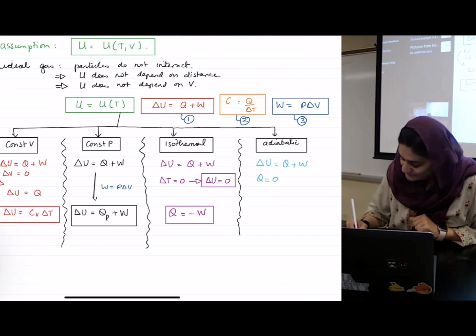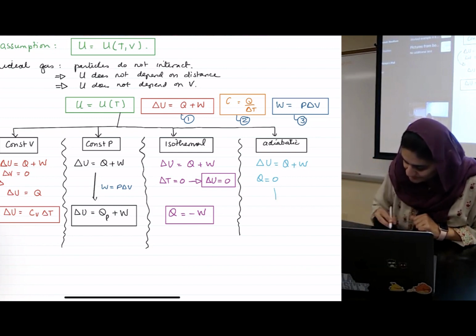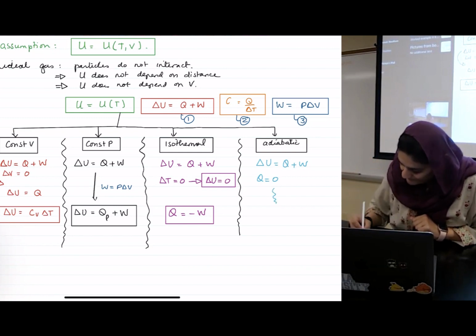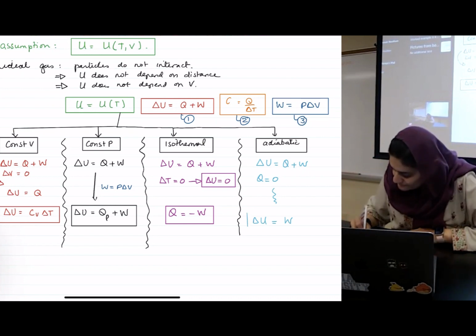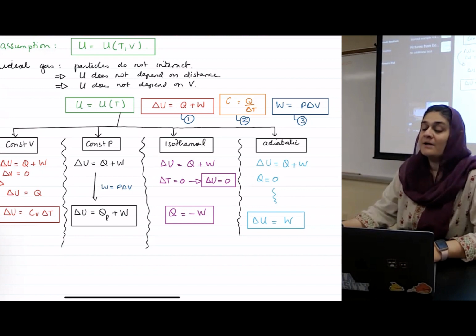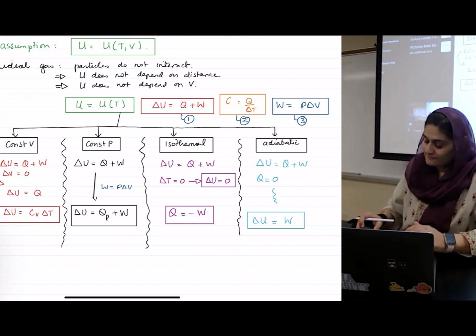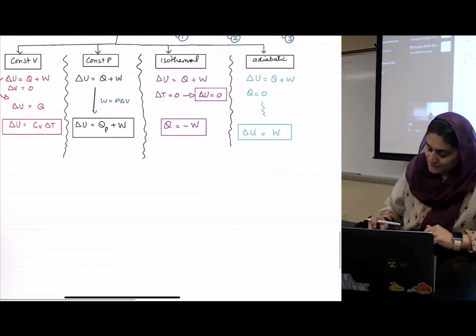Q is 0. So this reduces down to delta U equals W. Okay, now ready for some math? Always, right?